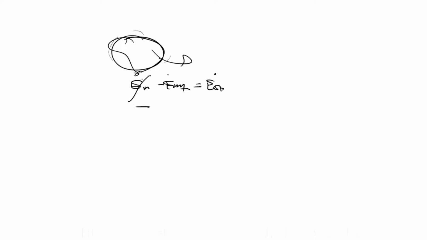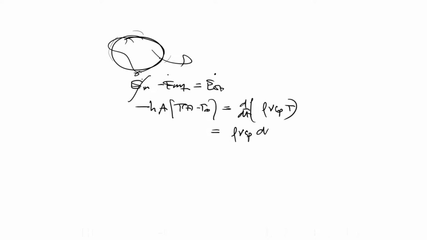Energy out is by convection, minus hA into temperature at time t minus T infinite, because at any time t, temperature is T of t, equal to accumulation, which is d upon dt of mass rho V Cp into T. Rho V Cp is constant here, so it's dT upon dt, and then minus of hA into T of t minus T infinite, where A is surface area.